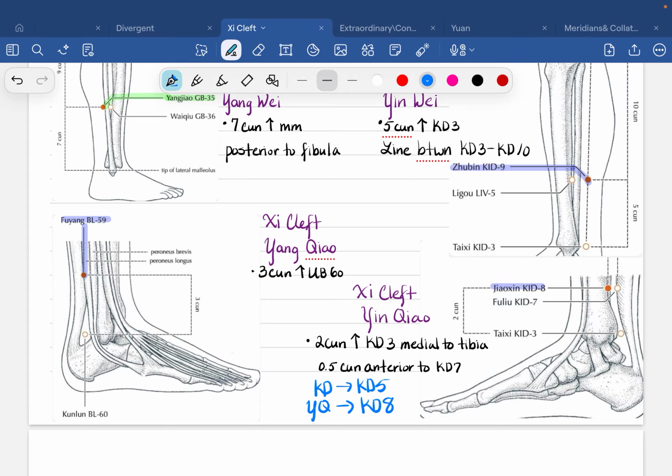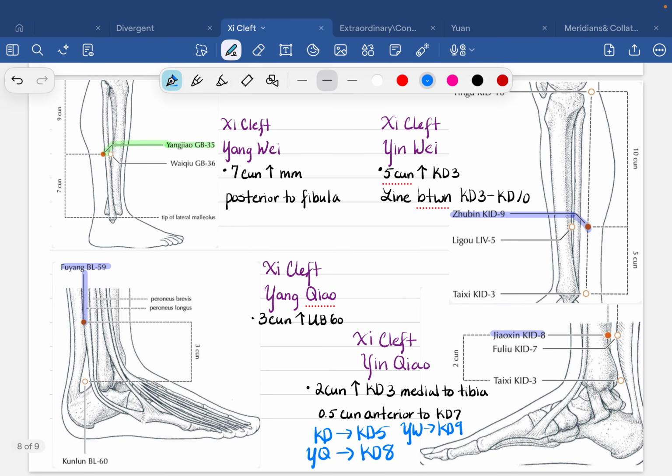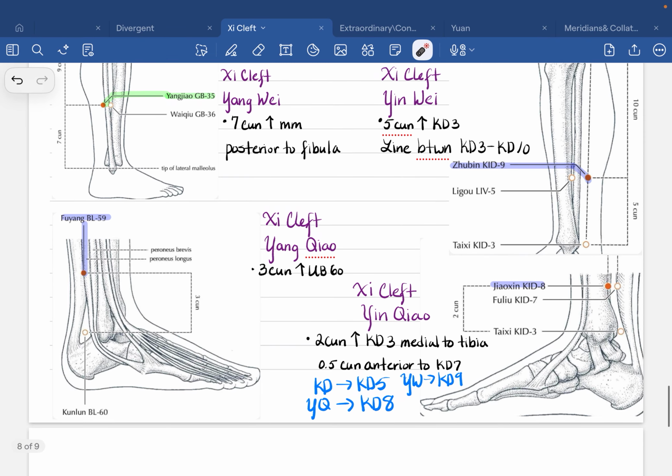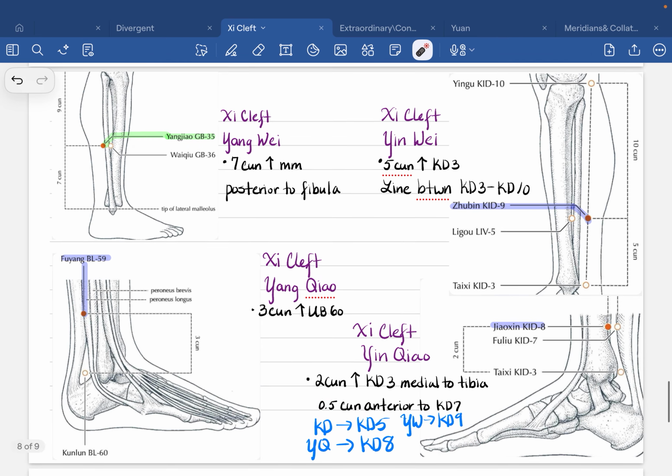And of course, yin wei being kidney 9. So I would kind of think of it that I would want to do qiao first, just to flip it in my mind, so that these will be in order. So you remember them, that there's 3 kidney points for the xi-cleft.